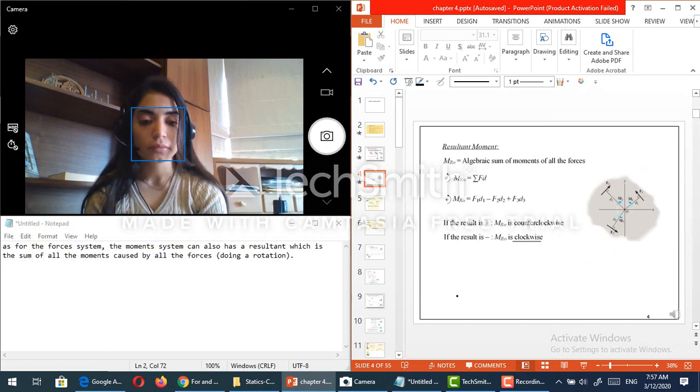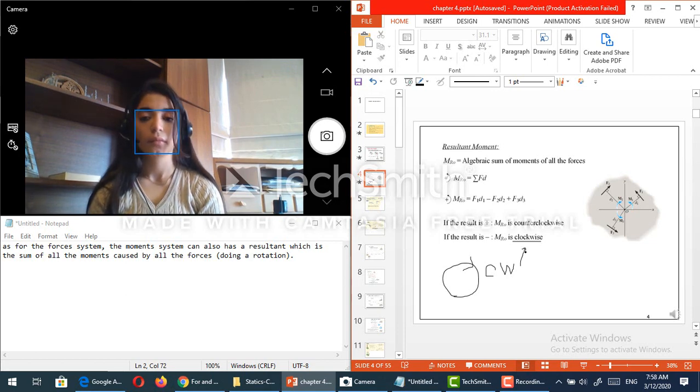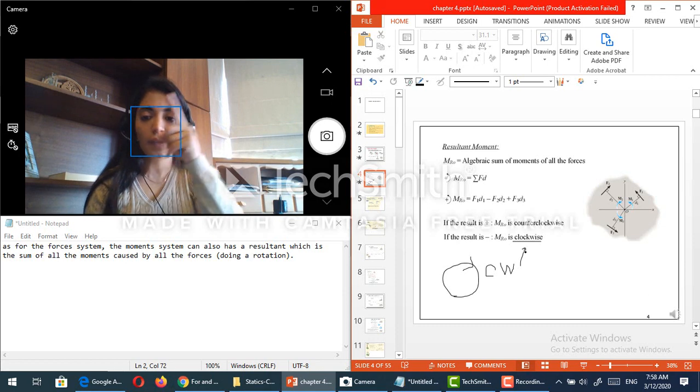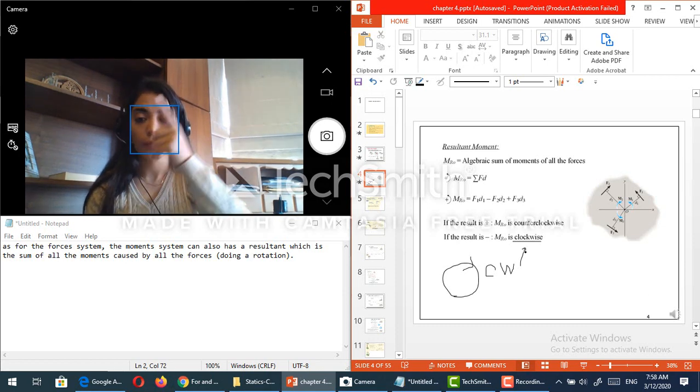The first one is called the clockwise direction. A clockwise direction, from its name, is the direction of the clock. So this is the direction of the clock.